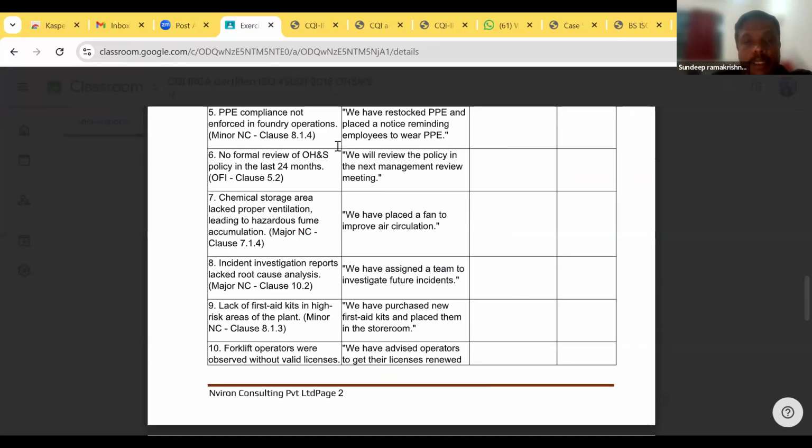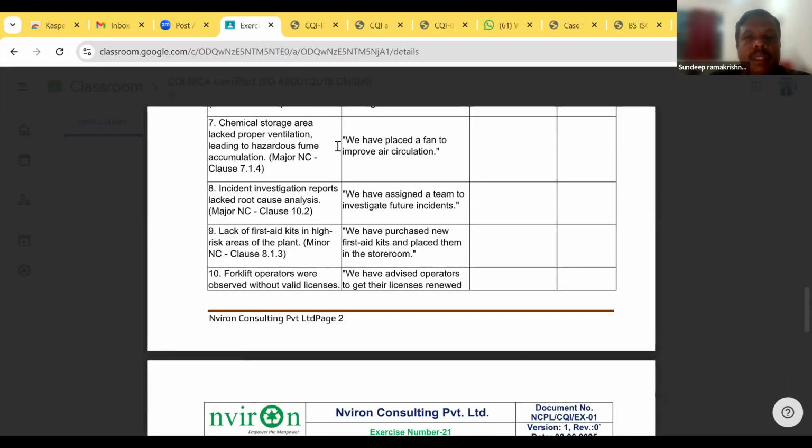Under hierarchy of controls, if you say this is insufficient, then you have to justify that, right? 8.1.2, this is an ineffective engineering control. So the volume of air changes has to be considered, and sufficient ventilation, all that consideration should be there. That should be the justification.